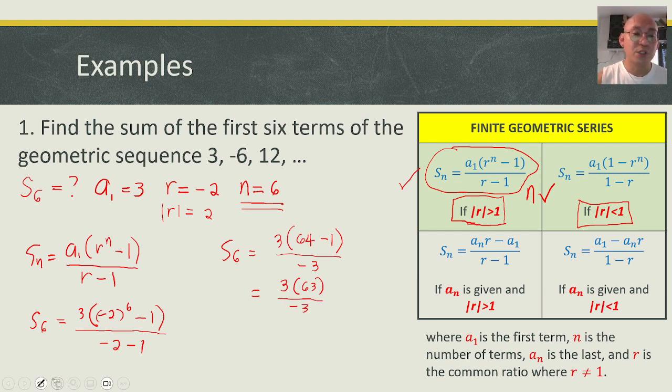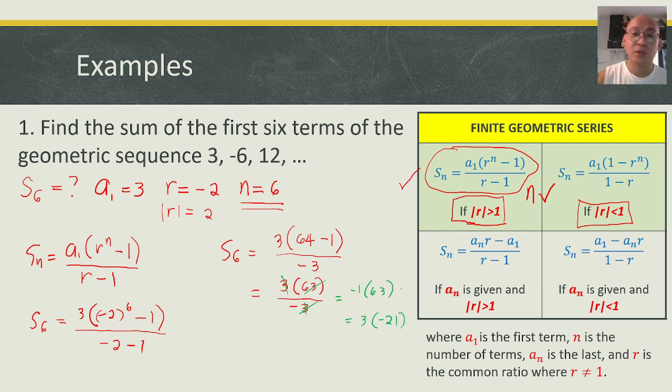So either of which you can use, or you can perform first 3 divided by negative 3. That will give us negative 1 times 63. Or the other one, you can divide 63 by negative 3, and that will give you negative 21.